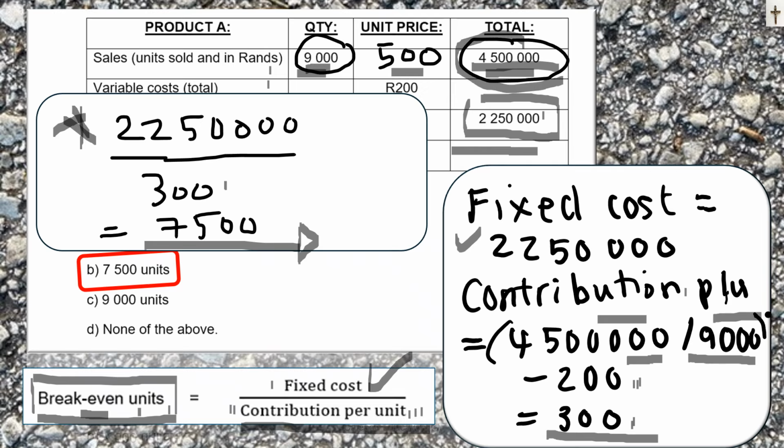I said 4.5 million divided by the number of units sold, 9,000, gives me 500. Minus 200, which is the variable cost per unit, given to us, is equal to 300. And then the fixed cost was given, and we get 7,500 units. At 7,500 units, the business breaks even. There we go. Watch that again.